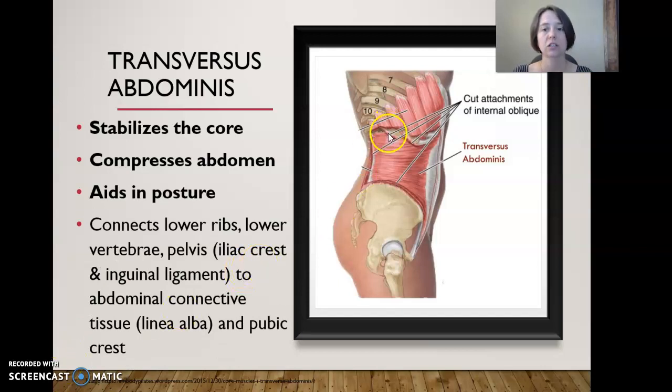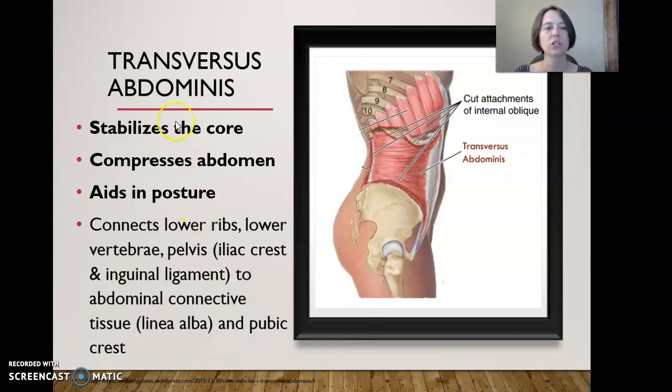It connects the lower ribs to your lower vertebrae, your lumbar vertebrae, to your pelvis, the iliac crest, and then this inguinal ligament, it actually attaches to a ligament, and then to that abdominal connective tissue, the linea alba, and the pubic crest, kind of down here.